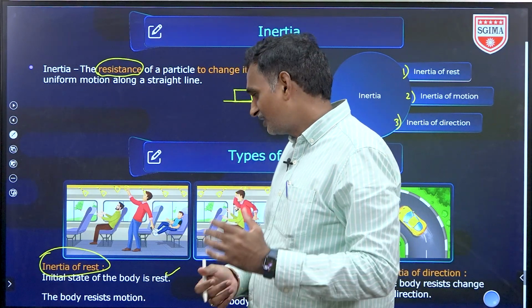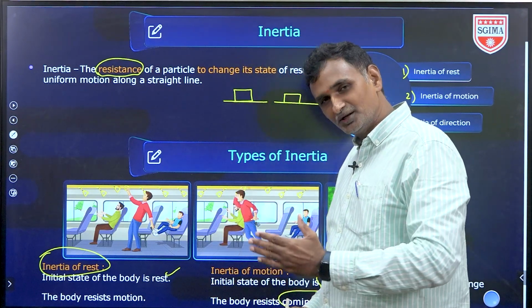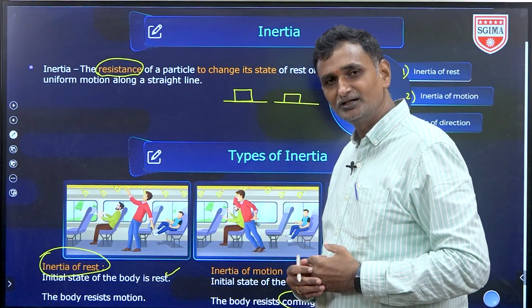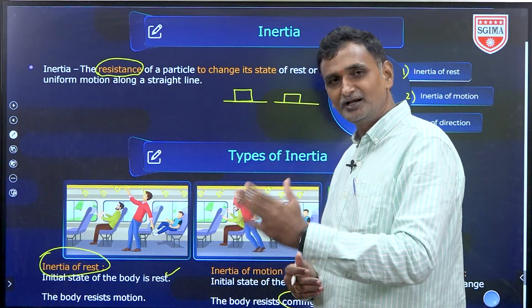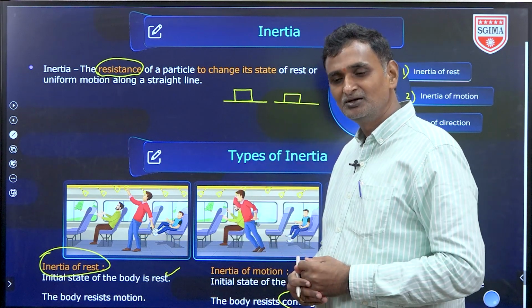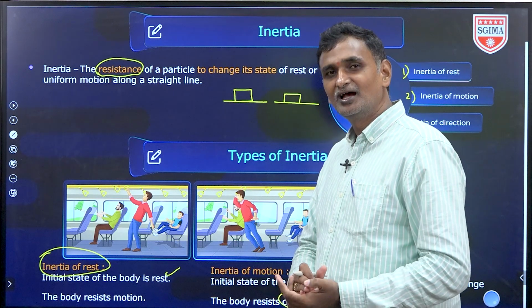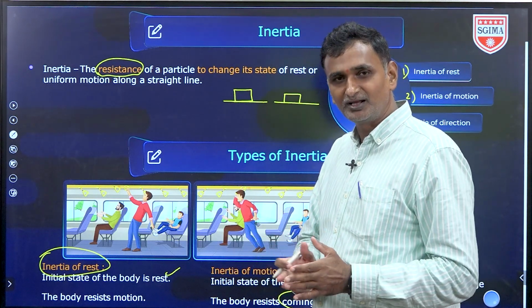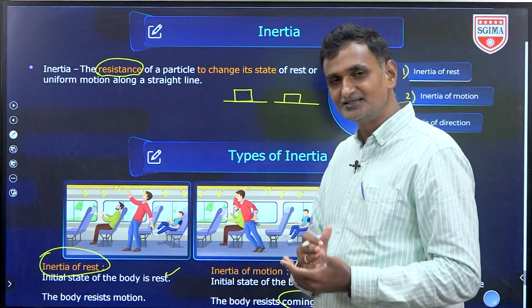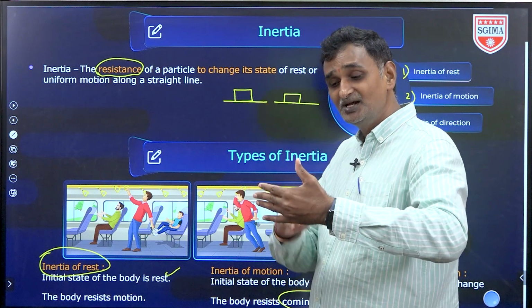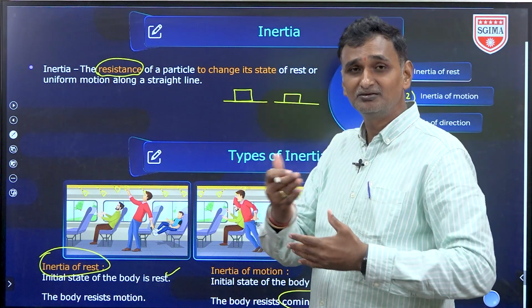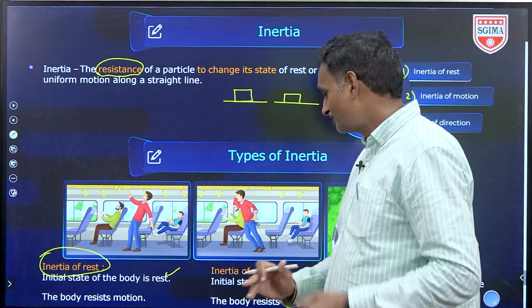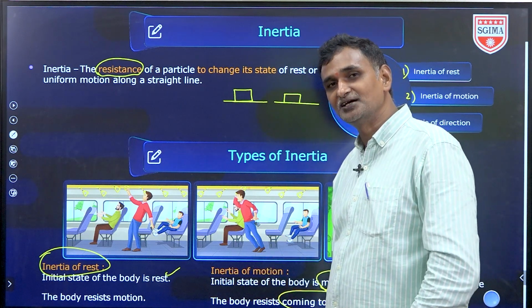The horse is in motion, the person sitting on it is also moving with the horse, but when the horse stops suddenly and he does not take appropriate precautions, he will fall forward because of inertia of motion, because he resists stopping the motion. This is one example we can give for inertia of motion.